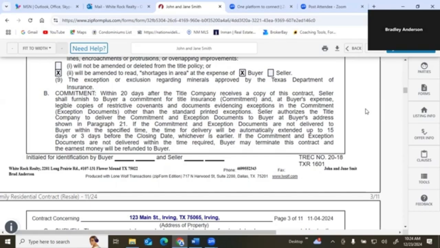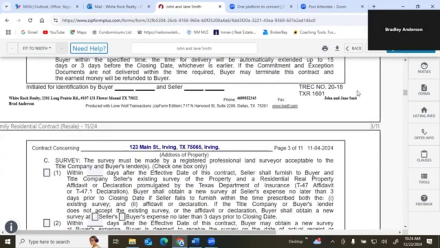Well, when you're exchanging real property, this is something that you don't want to rush. So just keep in mind that if you're looking at a 30-day close, 20 of those days, the contract says the title company has to get the policy done. So better to not rush it.